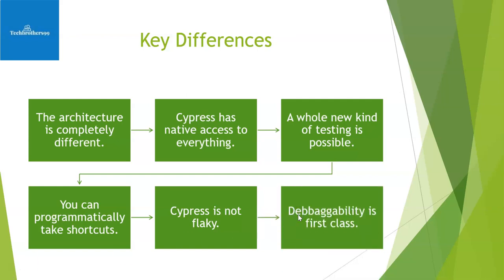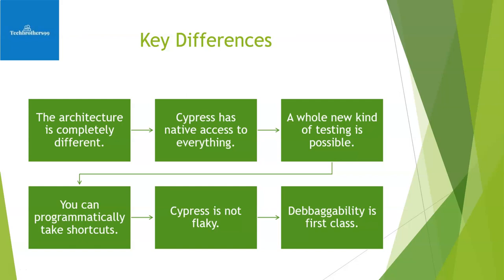And the last one is that debuggability is first class. Debugging in Cypress is very easy, and they have provided many error messages, thousands of them. It tells us what went wrong and what is happening at each step.